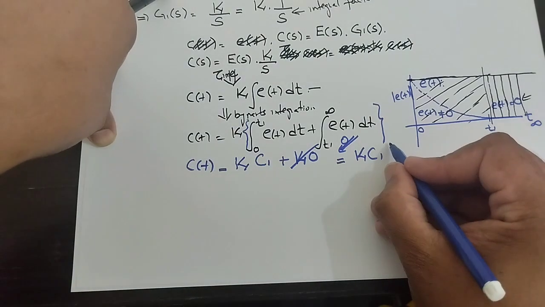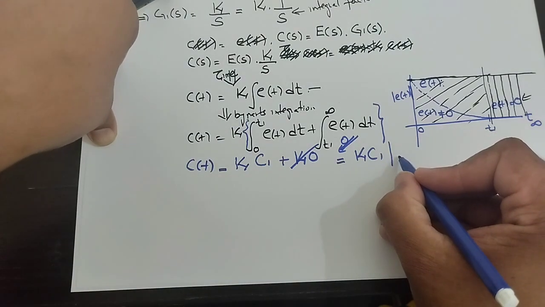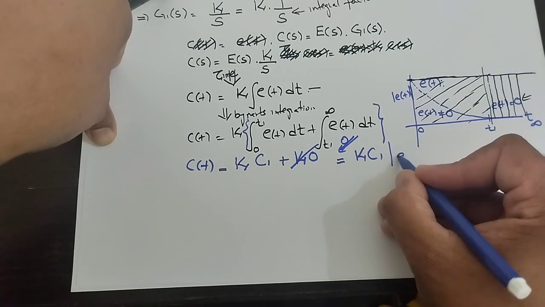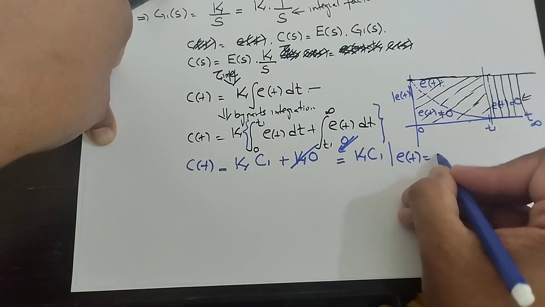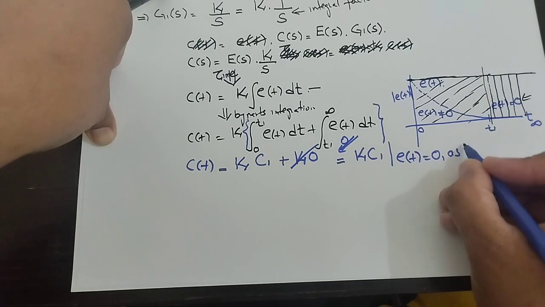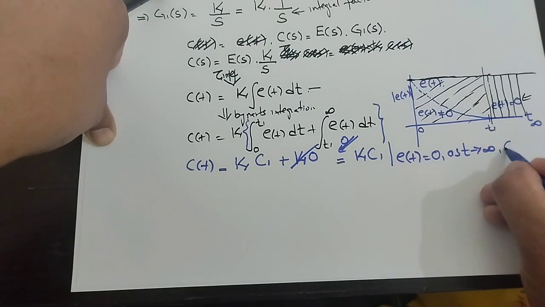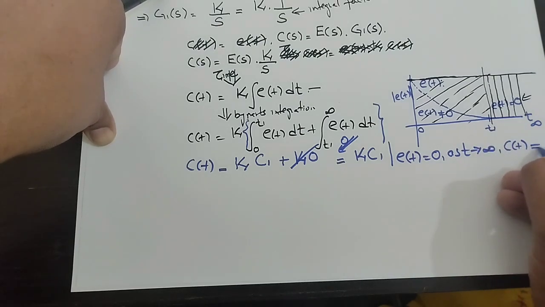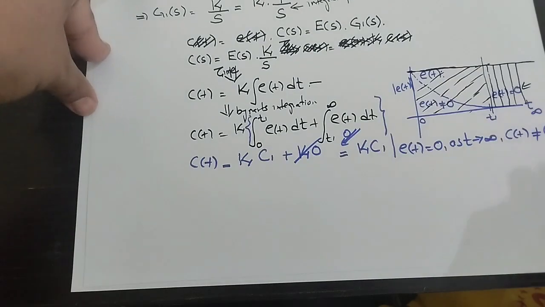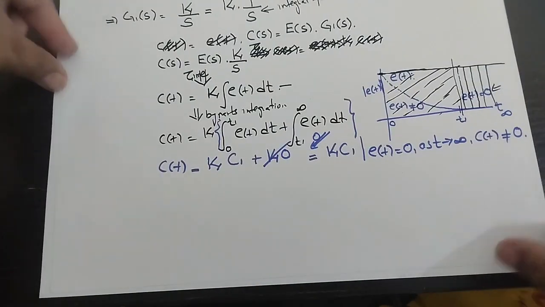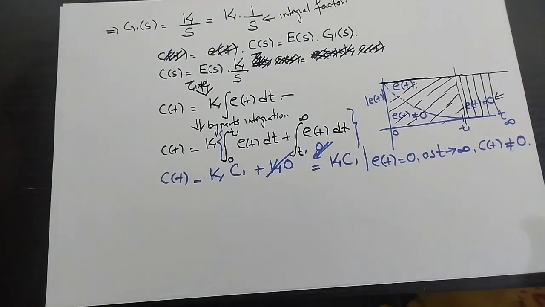So what we have concluded at this instance is that the error E of t equals 0 as time approaches some maximum value, but C of t is not equal to 0, which is our ultimate task, because the controller effort will be useless if you are not going to get any output signal.